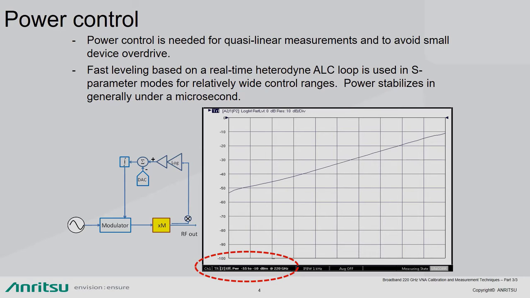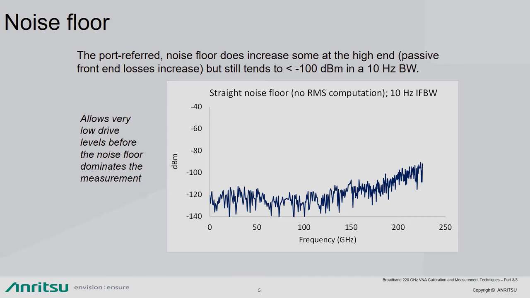So this plot shows level control down to minus 55 dBm and up to minus 12 dBm at 220 GHz. And as far as noise floor levels, here we see a noise floor at the higher frequencies that continues to be in the minus 100 dBm range.